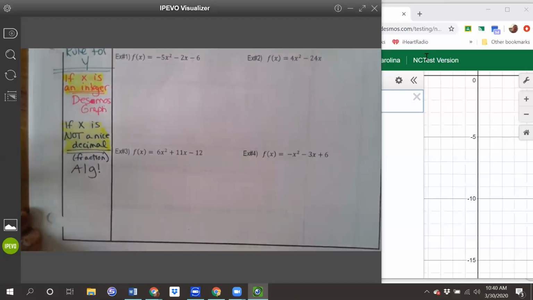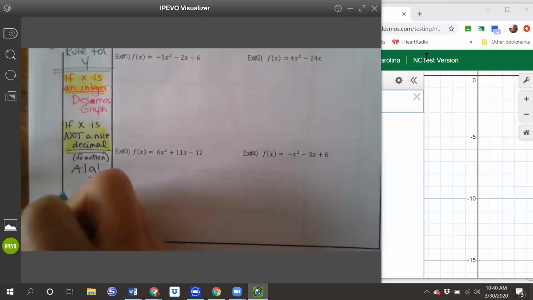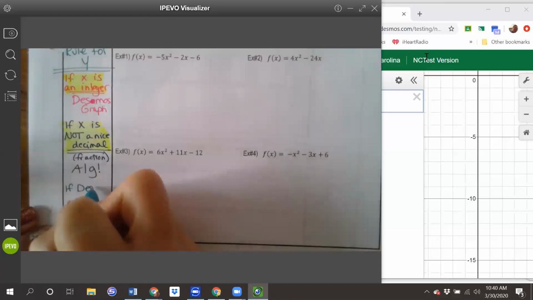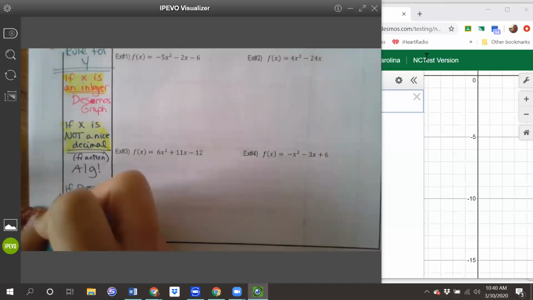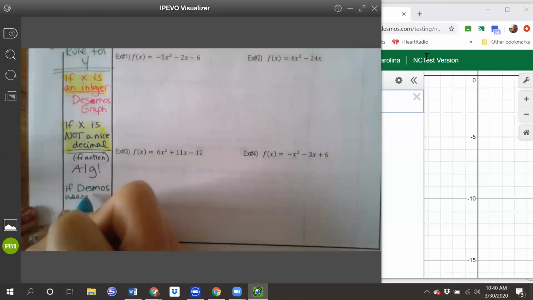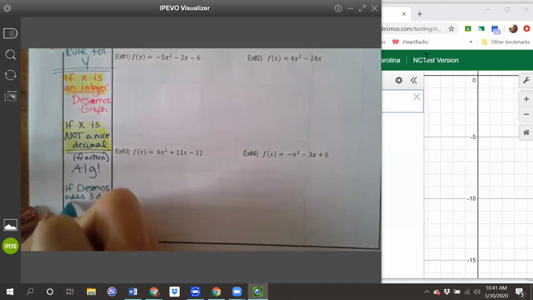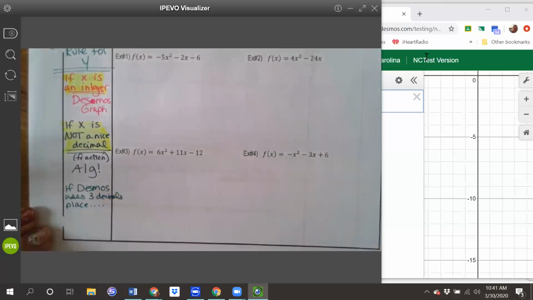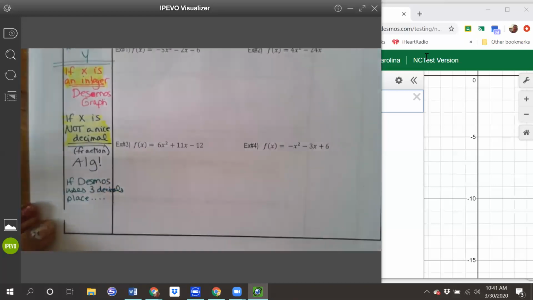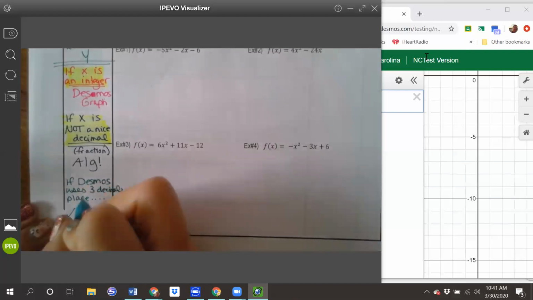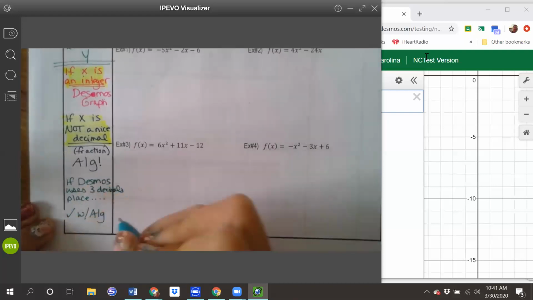And then if you get on Desmos, and if it uses 3 decimal places, then you don't know if that is an exact answer or not. Desmos only shows you 3 decimal places. So that means that you are going to have to check that answer with your algebra.